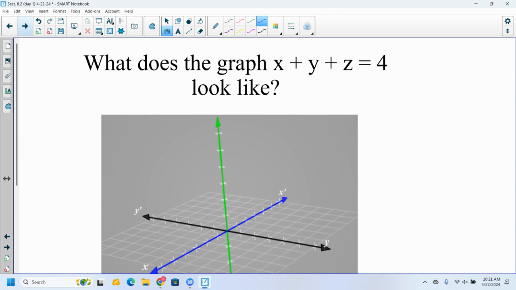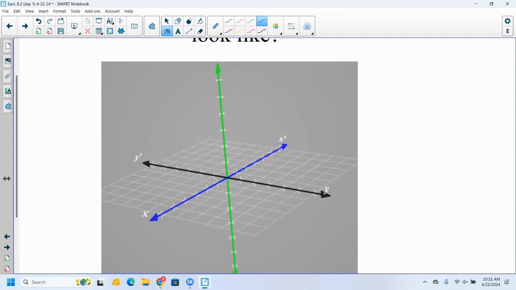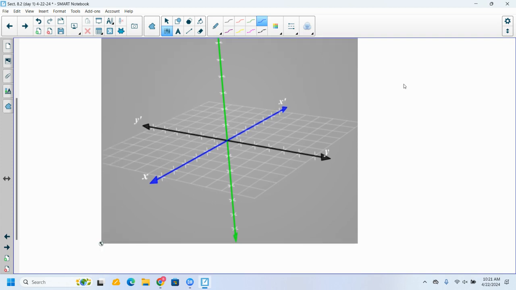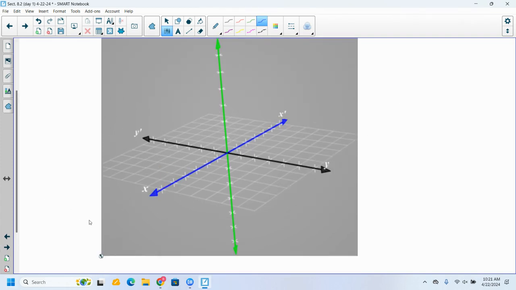So here, and this is a 3x3 grid, it's 3-dimensional. Okay, so let me pull this up. Hold on a second. There we go.